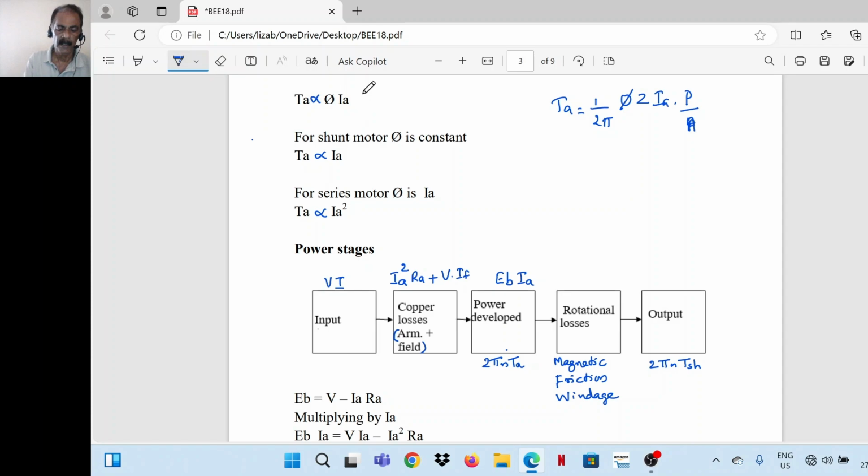So we can write torque is proportional to phi into IA. But for a shunt motor, phi is constant. So during its operation from no load to full load, we are not changing the field current at all, or we are not varying flux. So flux is constant. So the relationship is direct: torque is proportional to armature current.